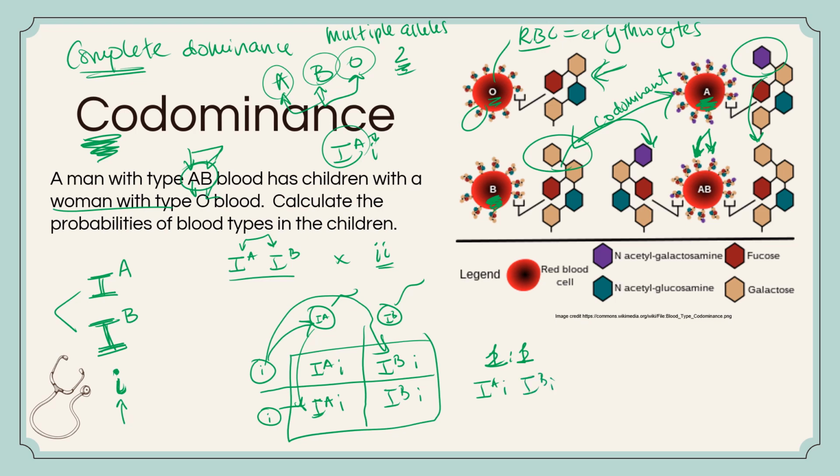In terms of our phenotypes, those physical manifestations of these genotypes, also known in this example as our blood type, we could have a 50% chance of a child with type A blood. We have a 50% chance of a child with type B blood. Good? Good.